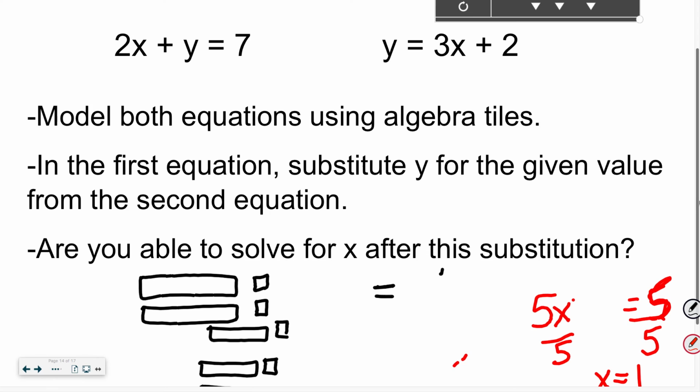So what did we need? How do we need the equations to be written in order to substitute easily? I use the word easily very lightly because I know it's not easy since you're just seeing it for the first time. But what makes the equation on the right easier to use for the substitution than the equation on the left? It's already in slope-intercept form, which means what do we already know?